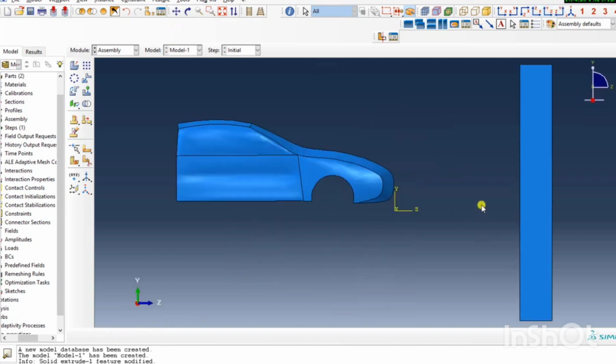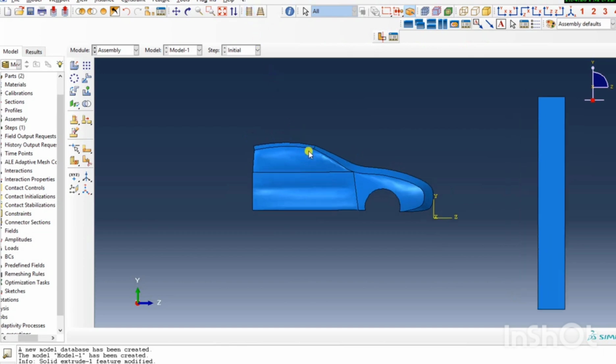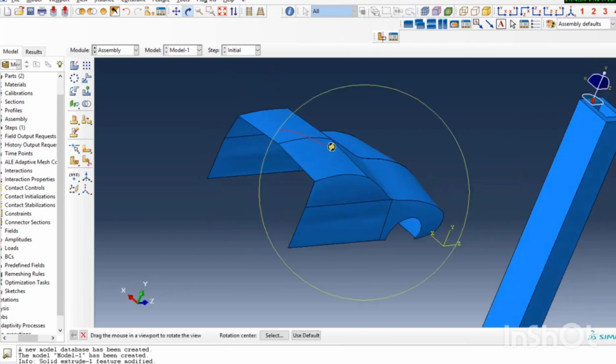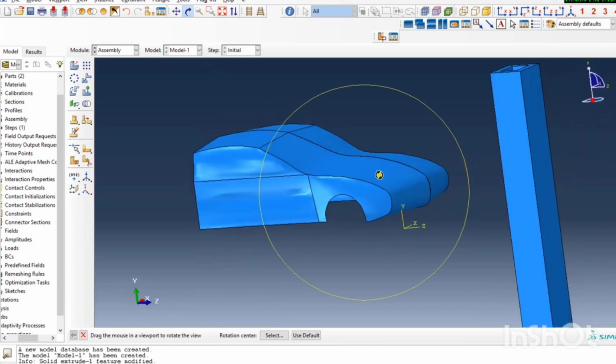Now, the geometry consists of a straight thin-walled column with uniform cross-section. For discretization, we typically use shell element S4R for thin-walled structures.